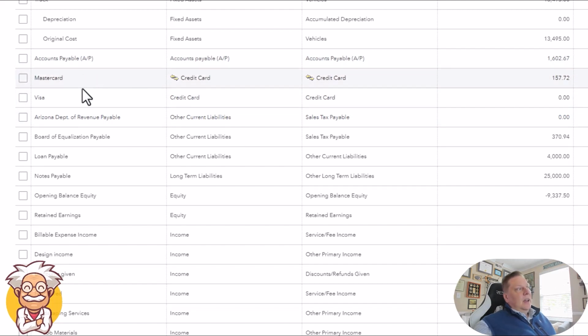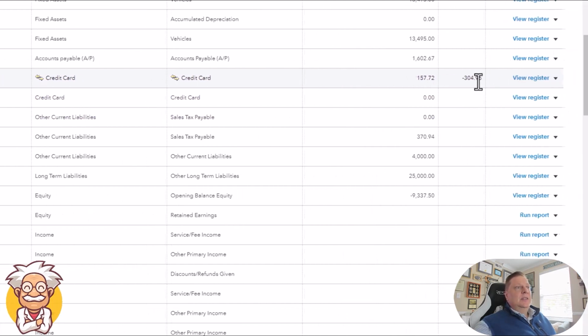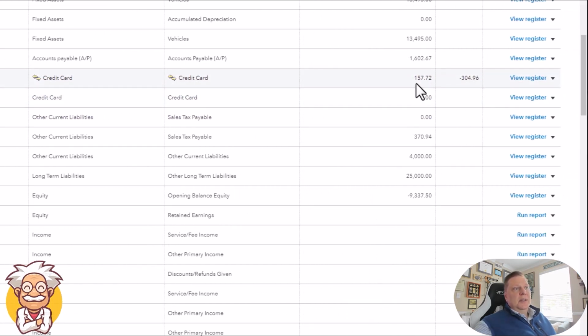Then you will have, say, your credit cards that you have linked or non-linked credit cards. Again, if you've linked them, you'll see the little arrows here. It says that this account is linked. Over to the right is your bank balance. To the left here is your QuickBooks balance.